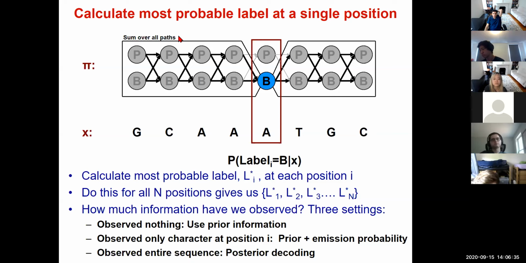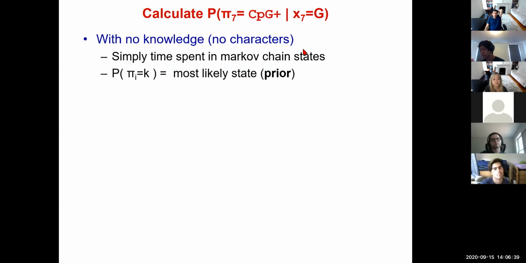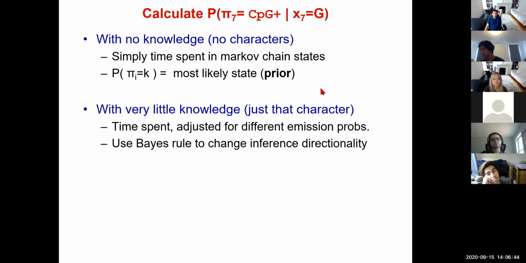Okay, so 12, 11, 0, 0, 0, that's great. With no knowledge, no characters, it's simply the time spent in the Markov chain states, and then the most likely state, the prior.